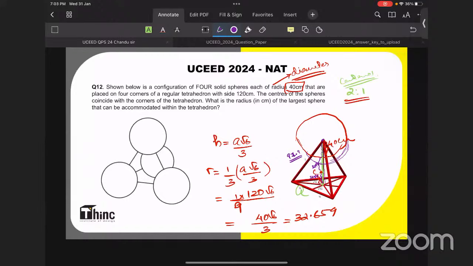So I am expecting that the key may be changed, or the question may be changed. But they can argue that this information can be considered bogus. We didn't tell you that there is no need, or that it cannot coincide. If they are saying that this is not that important, and only this is important here: what is the radius of the largest sphere that can be accommodated within the tetrahedron?